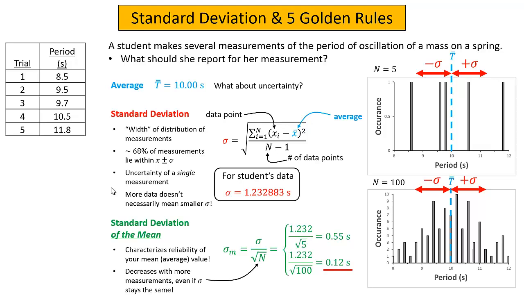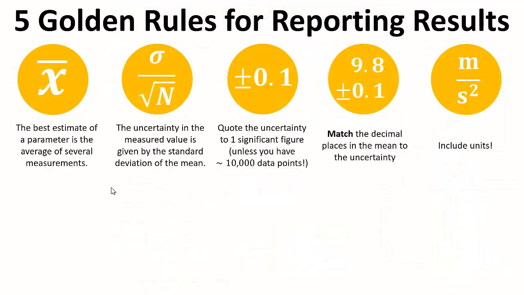So now that I've talked about the average value, the standard deviation, and the standard deviation of the mean, what value should we report for the measurement of the period of this particular mass on a spring? Well, we're going to follow what are called the 5 golden rules for reporting results. So the rules are as follows. We're going to report the average value, because that's the best estimate of a parameter that's been measured.